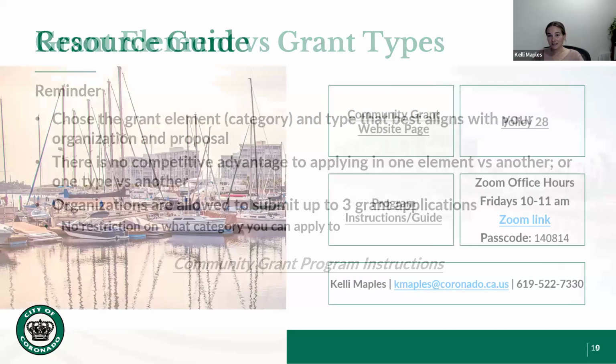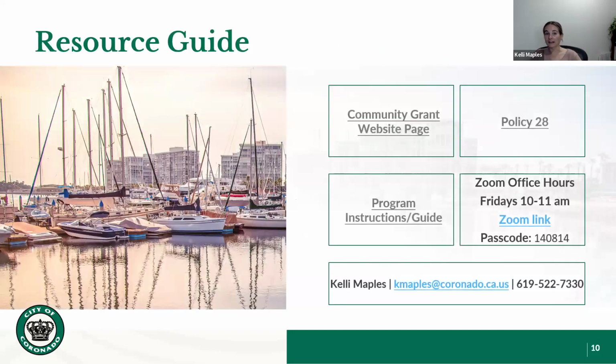So the next thing, kind of going off of that, is I wanted to provide a resource guide in this presentation. So this PowerPoint presentation will be posted on the city's website, so you can go back and reference it if you need to. But this is just kind of a 1-pager quick resource guide that has links to all the different things that should be helpful as you go through the application process.